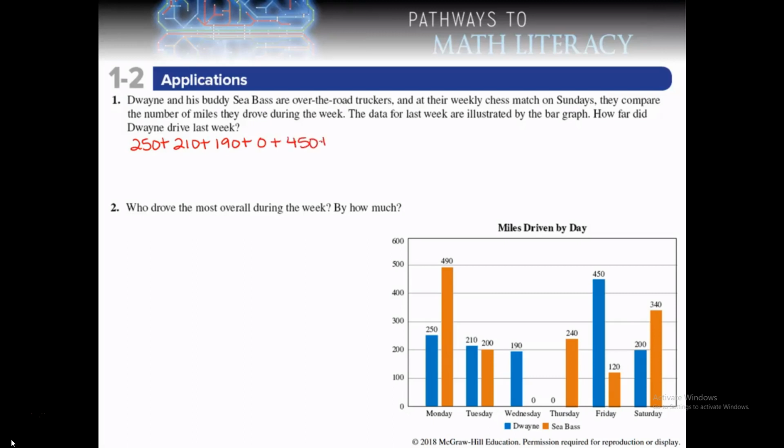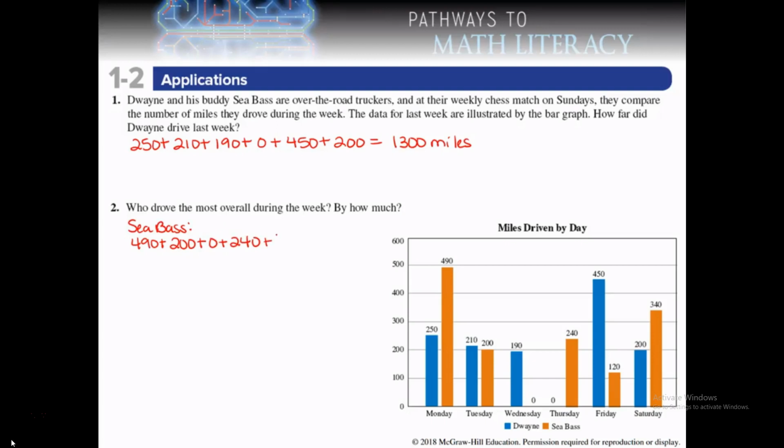In 2, it asks who drove the most overall. Well, before we can figure that out, we need to figure out how far Seabass drove. So those are the orange bars. We've got 490 plus 200 plus 0 plus 240 plus 120 plus 340, and that comes out to 1,390 miles.